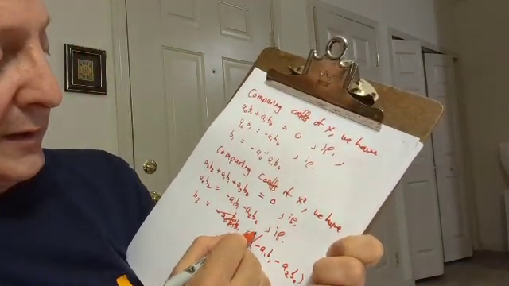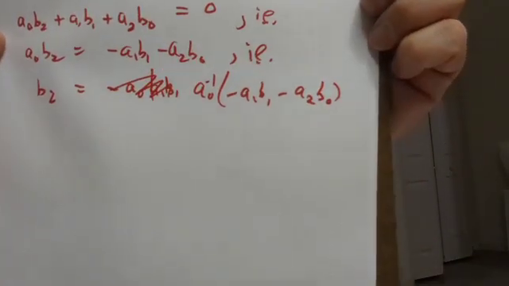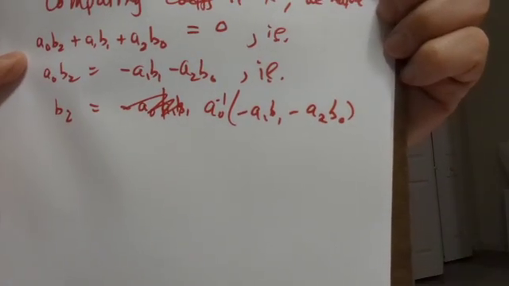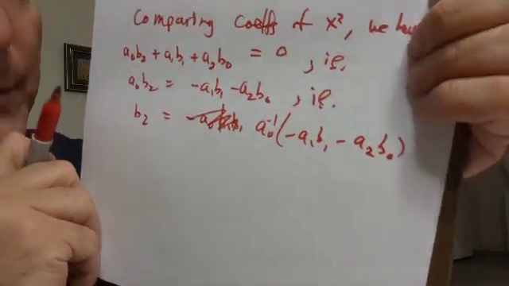So that's what b2 ends up being: a0 inverse times this negative sum here.